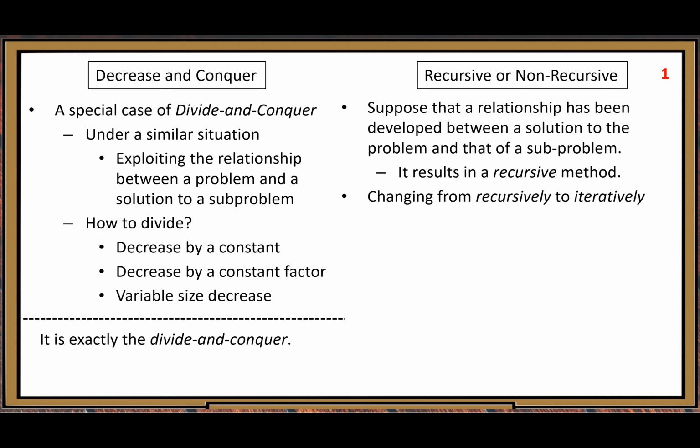Sometimes you can do that conversion to reduce the resource. Remember, resource reduction. But many times you cannot. It's hard to make that change. Usually for relatively easy problems you can do that change, but for pretty complicated problems you cannot.